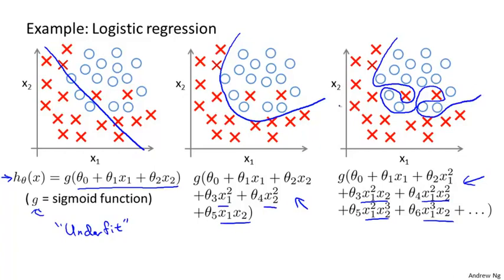And if the features x1 and x2 are for predicting maybe the cancerous, malignant, benign breast tumors, this really doesn't look like a very good hypothesis for making predictions. And so once again, this is an instance of overfitting and of the hypothesis having high variance and being unlikely to generalize well to new examples.